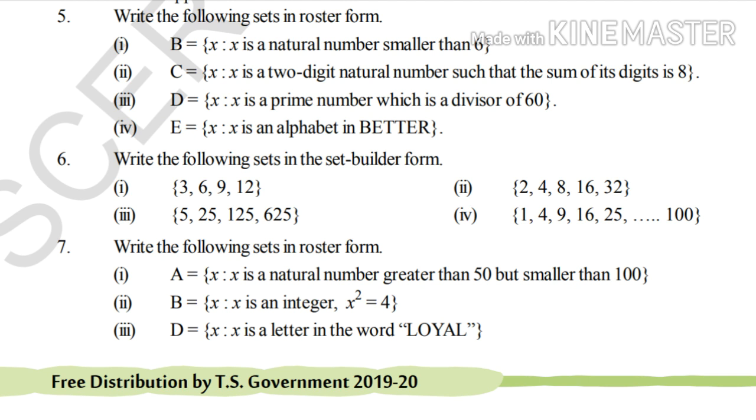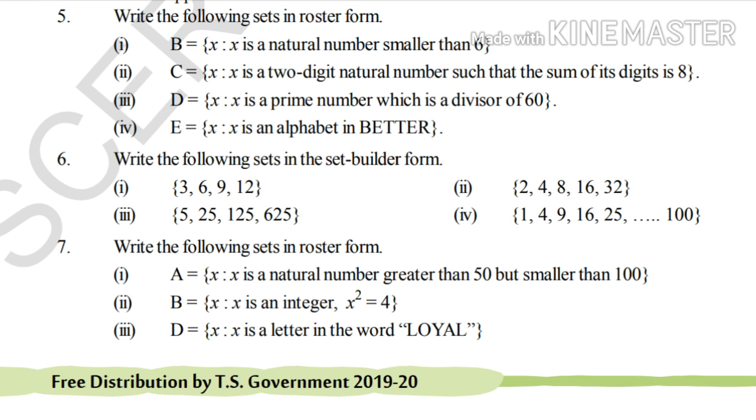So, fourth question. E is a set of all elements x such that x is a letter in the word.